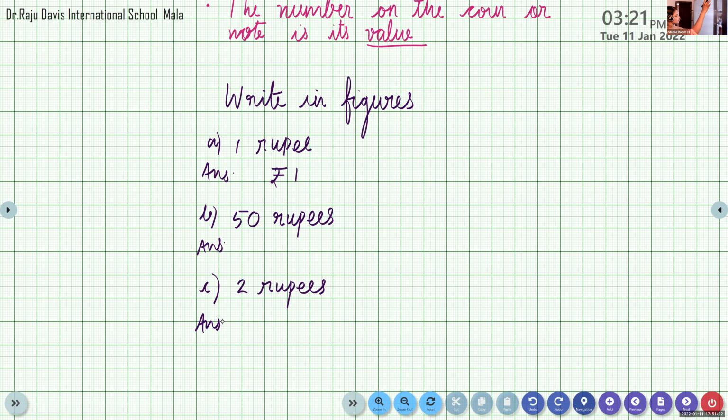I will send the notes in the group. ₹1. Put the symbol and write the number 1. 50 rupees. Write the symbol of rupee and write the number 50. If it is 2 rupees, put the symbol and write the number. So this is the way we are writing in figures.